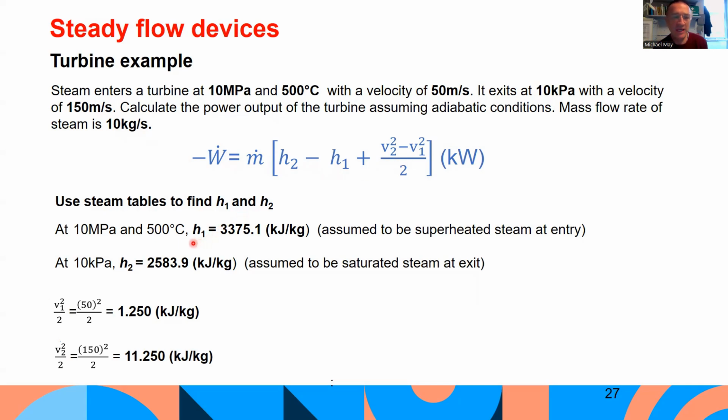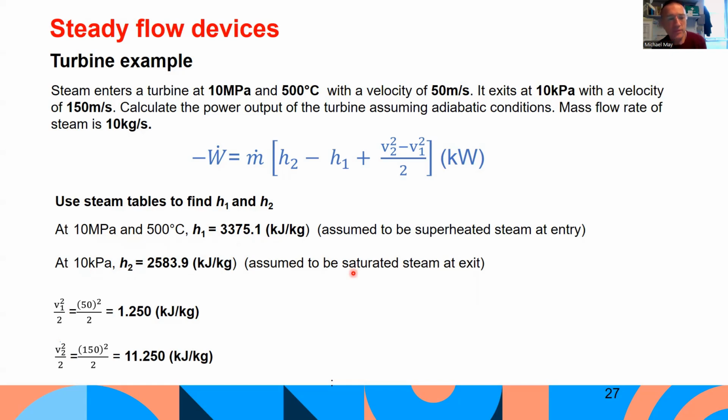So using the steam tables, we're assuming that the steam coming in is superheated, which it should be. So at 10 megapascals and 500 degrees, it works out at, from the steam tables, 3375.1 kilojoules per kilogram. And then at 10 kilopascals, we're assuming it to be saturated steam at exit. So it's on the verge of condensing.